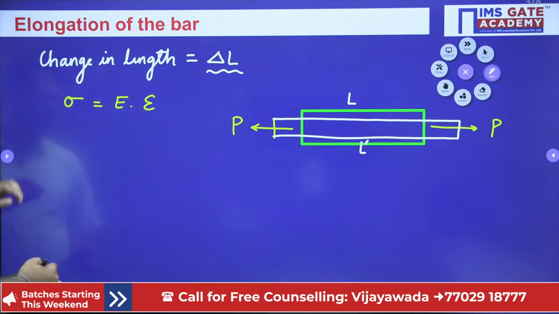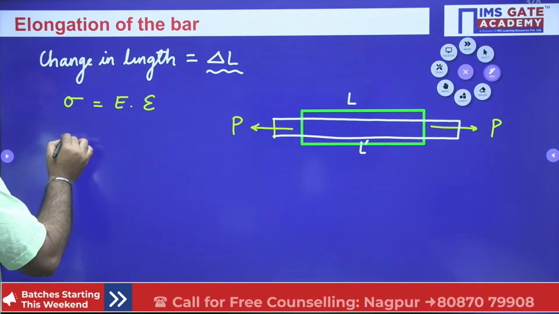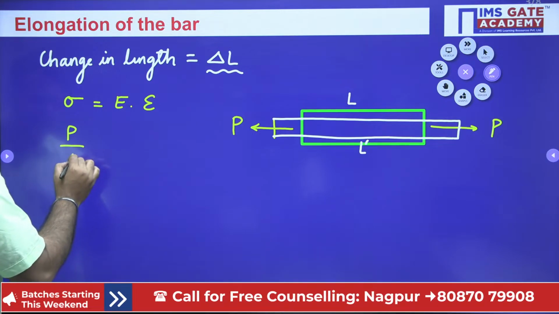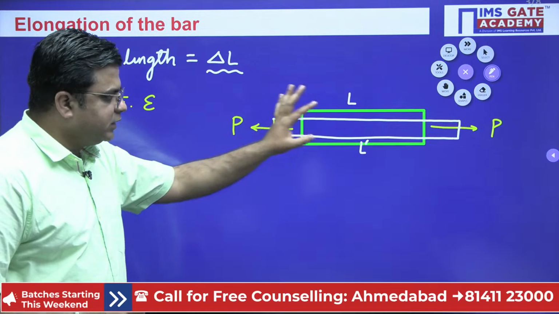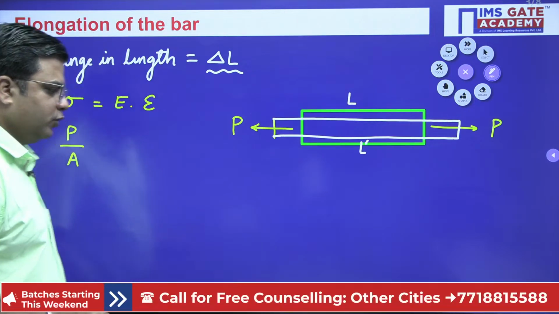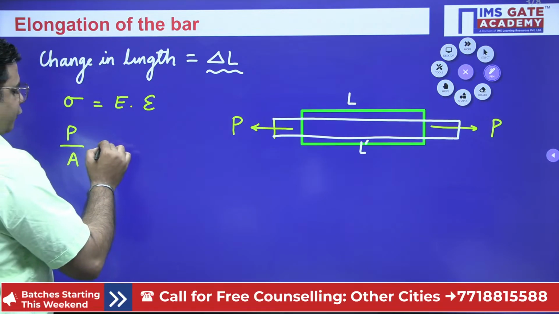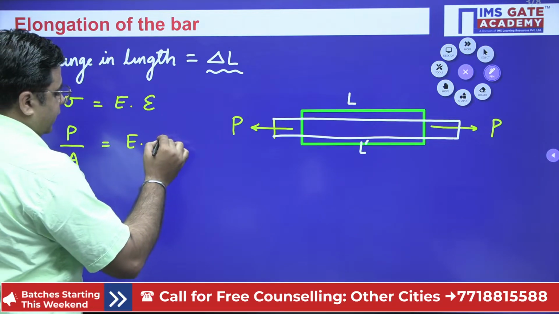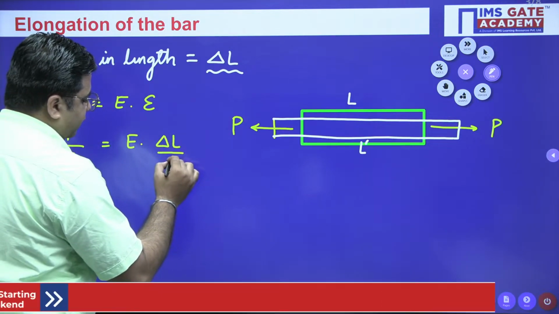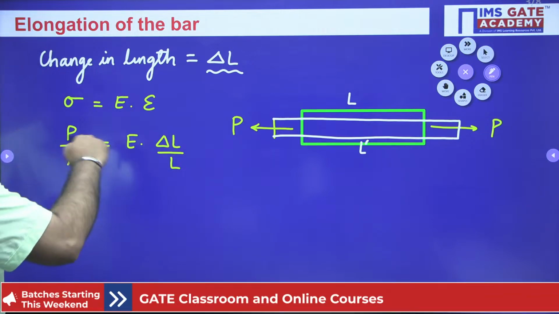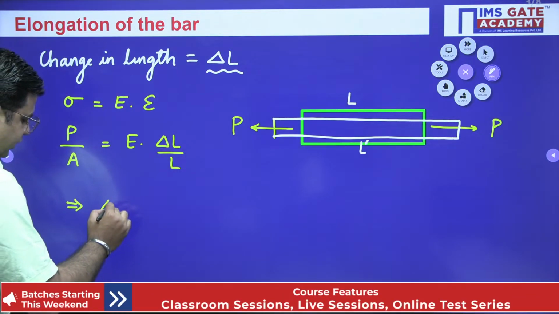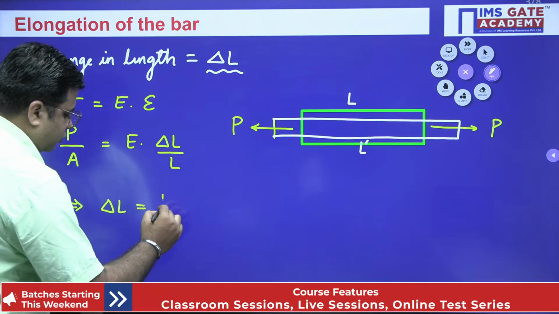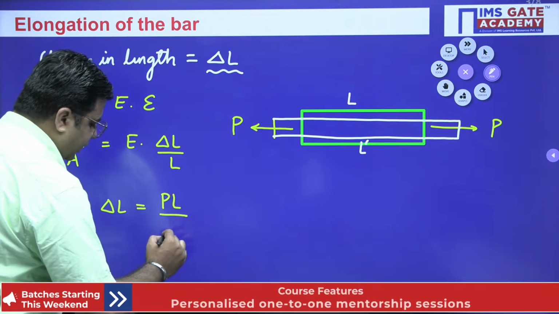This we already know. Stress is P by A, where A is the cross-sectional area and P is the external load, which is equal to the internal resisting force, right? Then you have E into delta L by L. Just rearrange this entire thing and you will come to the conclusion that delta L is equal to PL by AE.